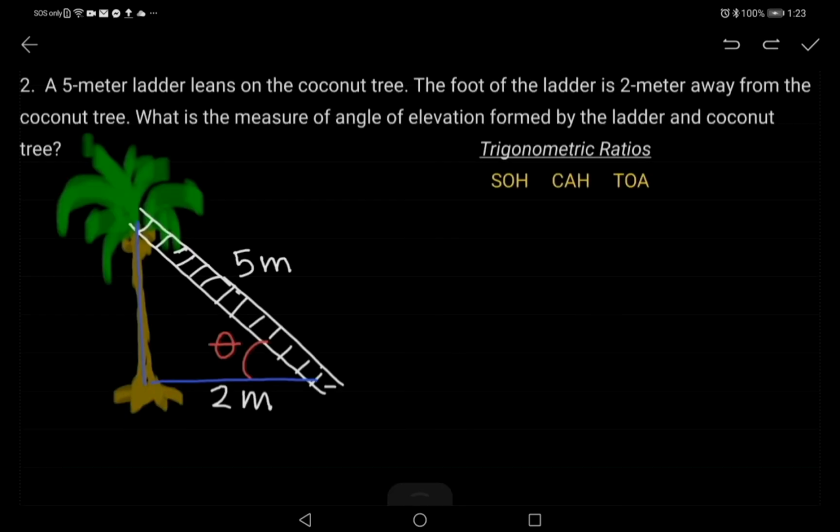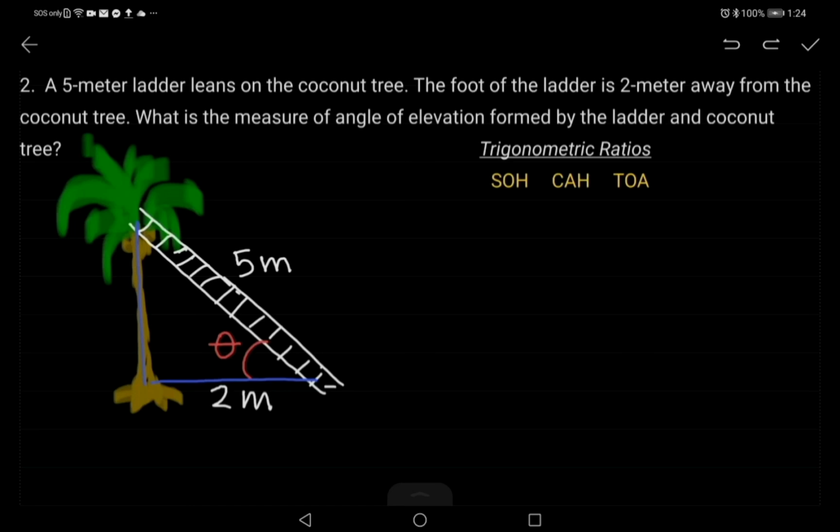Okay, for problem number 2, a 5-meter ladder leans on the coconut tree. The foot of the ladder is 2 meters away from the coconut tree. What is the measure of the angle of elevation formed by the ladder and coconut tree? Let's illustrate the figures from the problem. The ladder, which is 5 meters, becomes the hypotenuse of the triangle, and the distance from the coconut tree to the foot of the ladder is 2 meters.